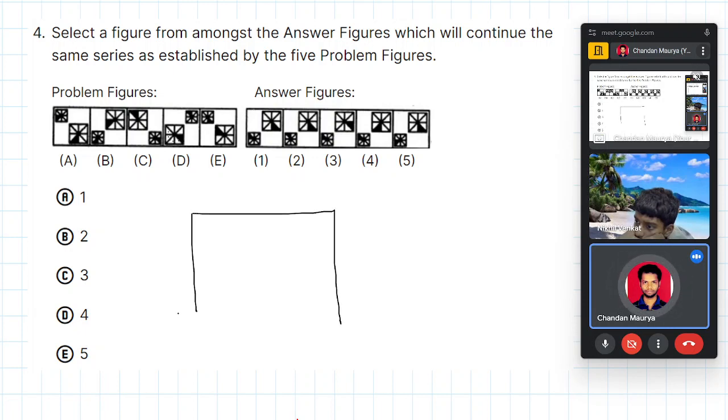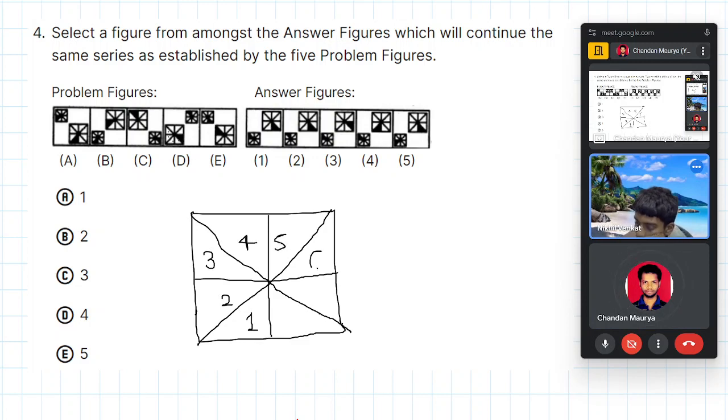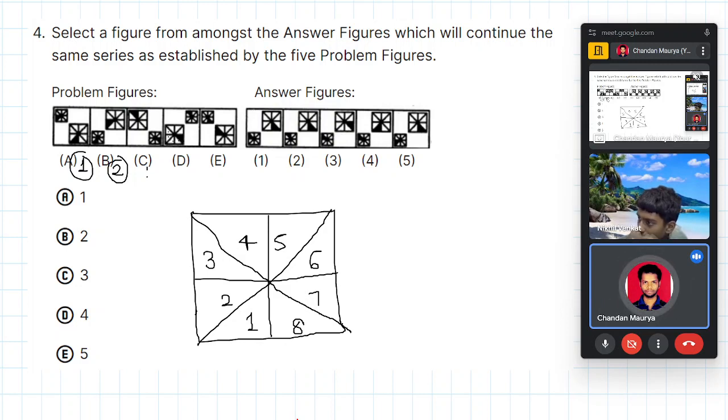If I try to clear you, this is my rectangle, something like this. Initially, I'm having here one, two, three, four, five, six, seven, eight. So in the first one, I'm having one. In the second one, I'm having second position. But in the third one, I'm getting fourth position.